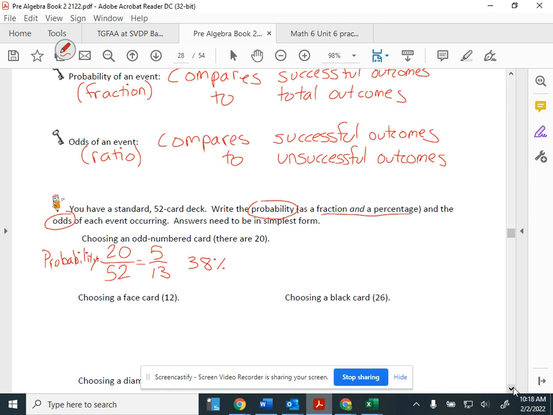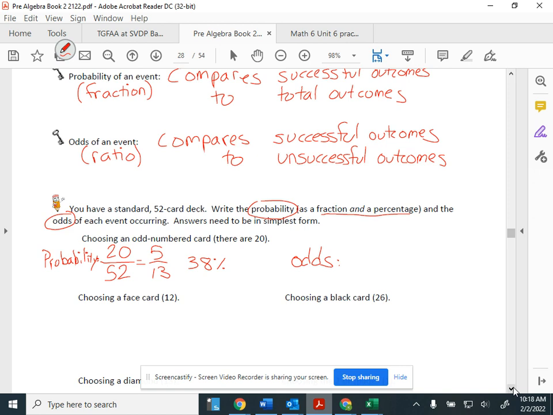So I did my probability. Now I have to do my odds. What would I write to find the odds? Successful outcomes to unsuccessful outcomes. Maddie? How many odds are there?